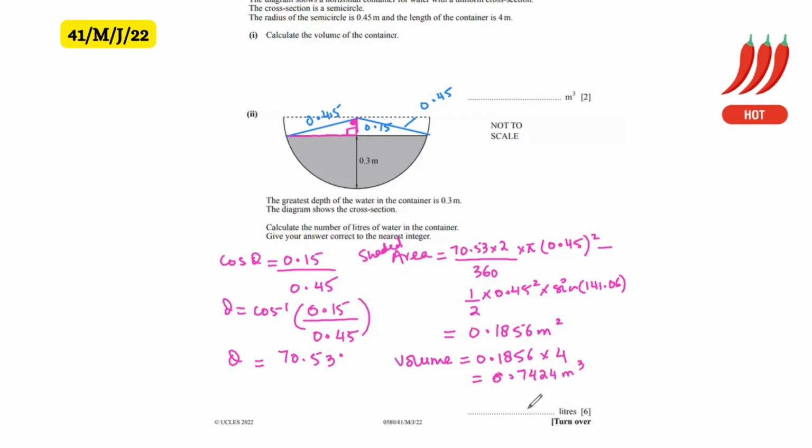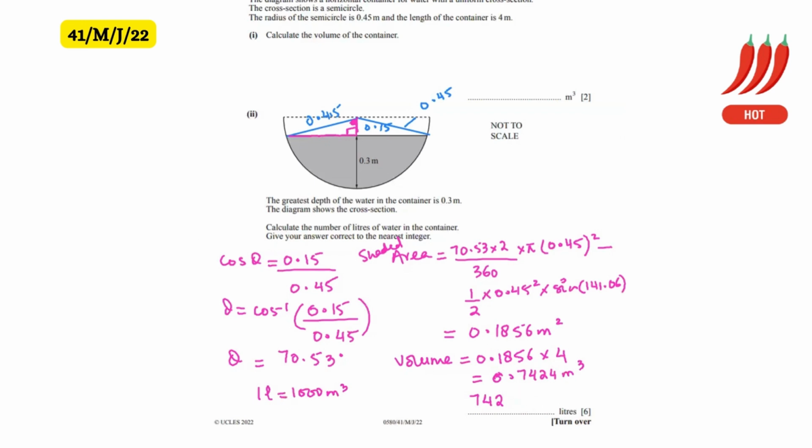So for that, we times it by 1,000. 1 liter is 1,000 meter cube. So that's going to be 742.4 liters. Nearest integer would be 742.